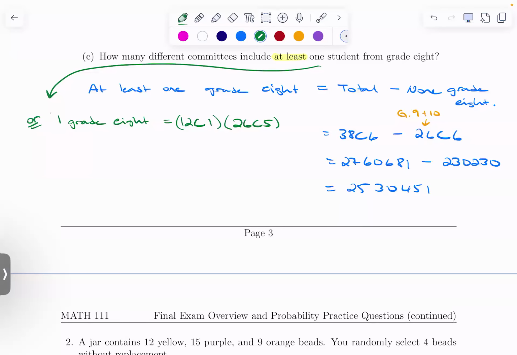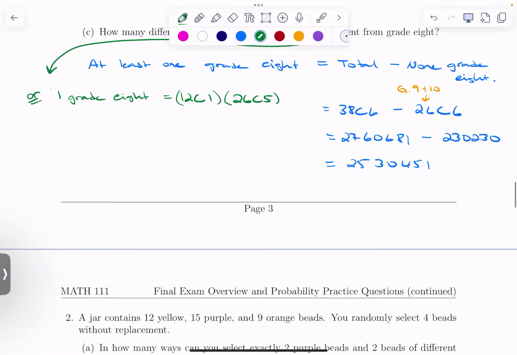That's where you get the other 5 from. Or 2 grade 8s, or 3, and then you'd have to do it for all of them. So or, which is plus 2 grade 8s. So 12, choose 2 times 26, choose 4.